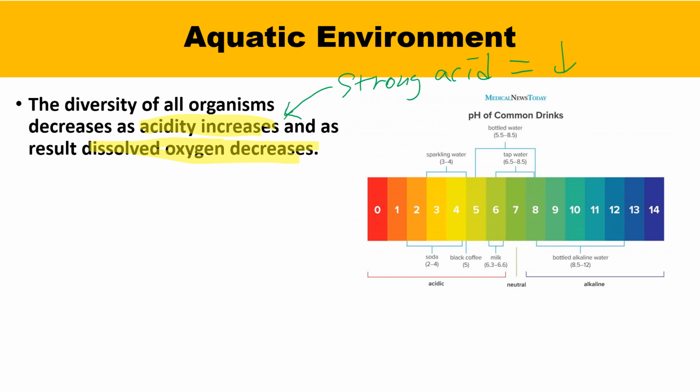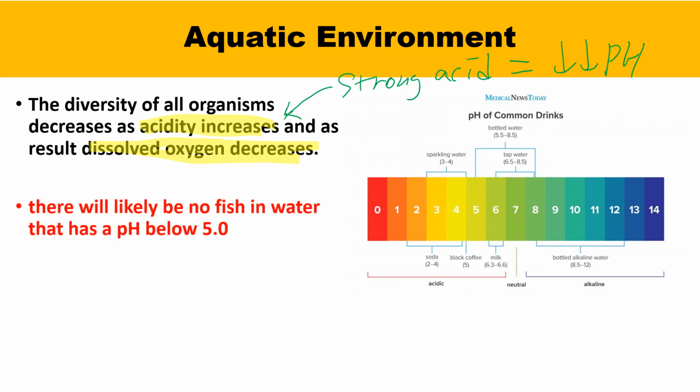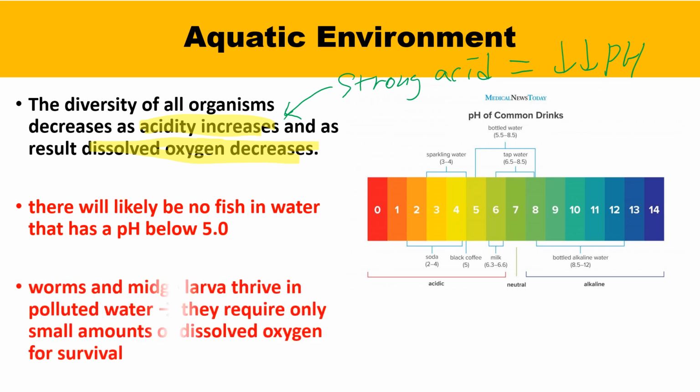A strong acid means lower pH. There will likely be no fish in water that has a pH below 5, which means 6 and 5 will be about a weak acid, and it gets stronger from there.